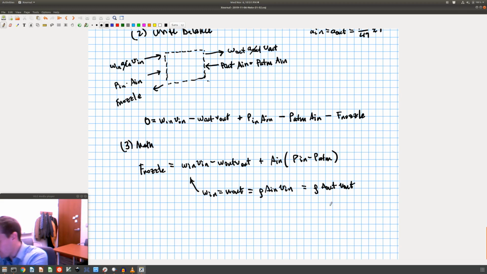And I can use that to find a relationship for V out. So V out is equal to V in multiplied by A in divided by A out, and I do that by canceling the rho and dividing by A out.